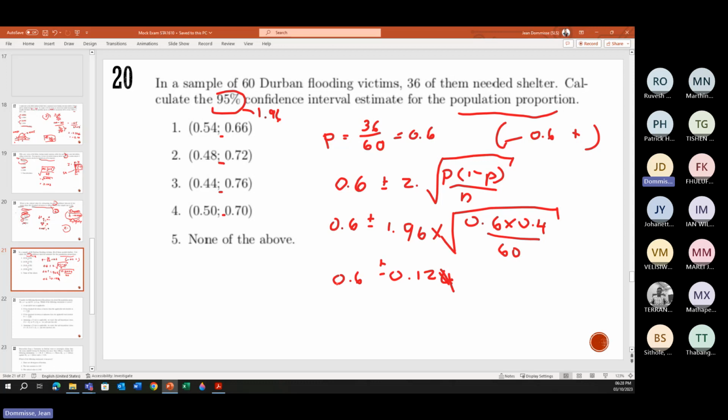Then 0.6 minus 0.12 will be 0.48, and the top one, 0.6 plus that, will be equal to 0.72, which does give us option 2.